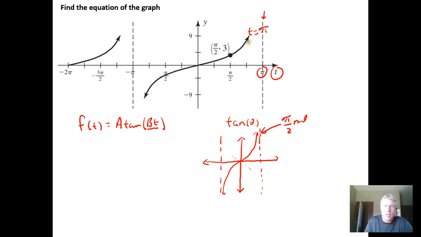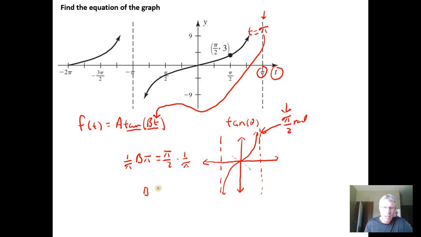So what I want to do here is say, when I plug in t equals pi into my tangent function, so I get b times pi as an input to my tangent function, to get a vertical asymptote, it needs to generate a value of pi over 2, which is the location of the vertical asymptote on the toolbox function. And now I just solve for b to figure out what value of b I need in order to make that happen. So I get b equals 1/2 after everything cancels.